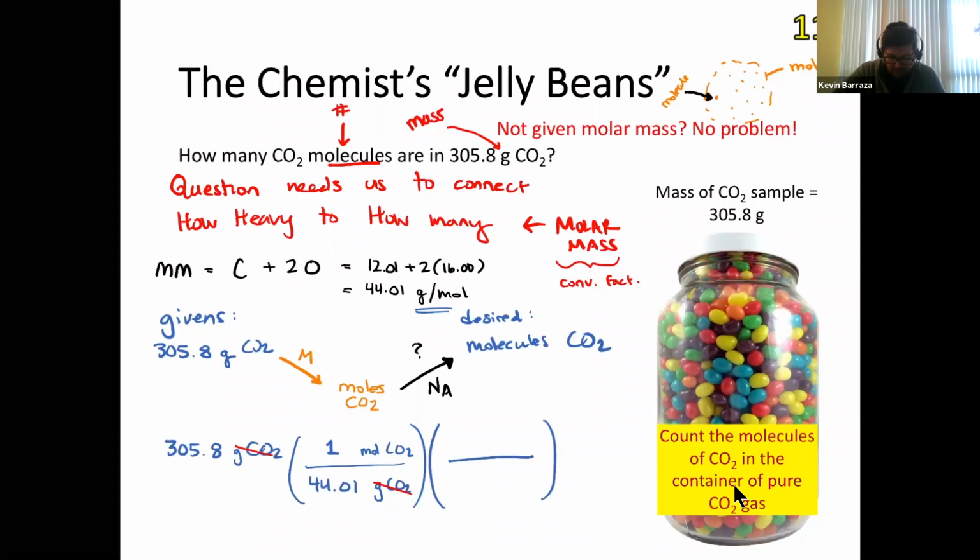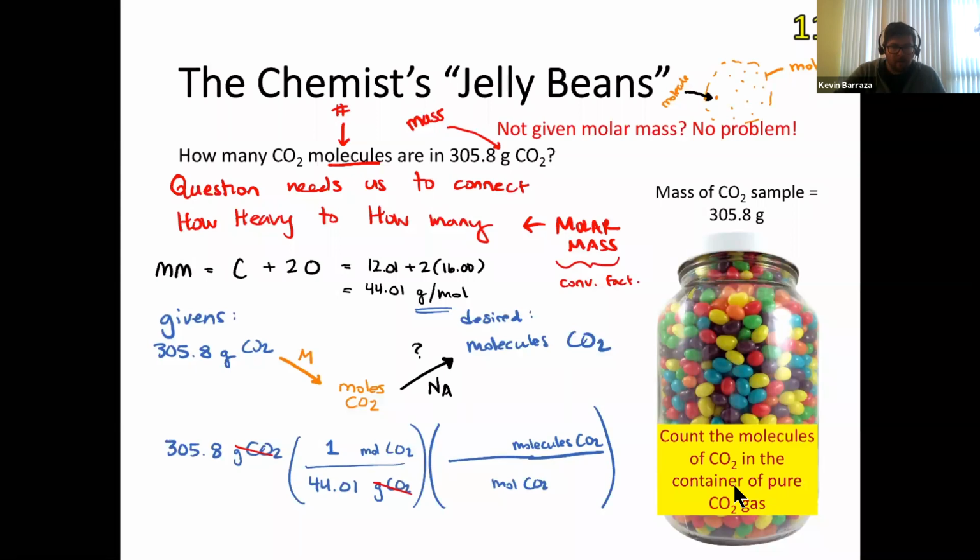Now we're going to need to convert moles of CO2. Oh, I'm going to run out of room, so I'm going to extend my, there we go. And it's going to be molecules of CO2.